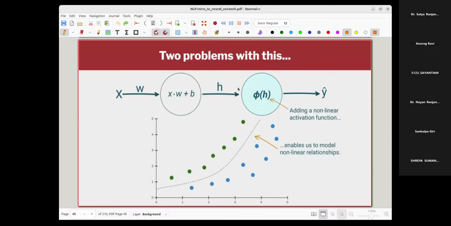Now, the input feature must first be transformed by this function. The output of this function will then pass through a nonlinear activation function. Why do we need it? This is required if your data set does not have a linear relationship. If it is nonlinear, then you have to pass it through this nonlinear activation function, which will capture this nonlinearity and produce a better prediction.